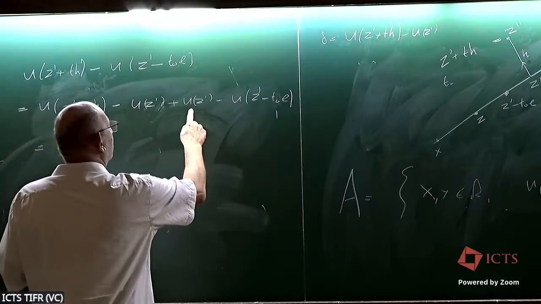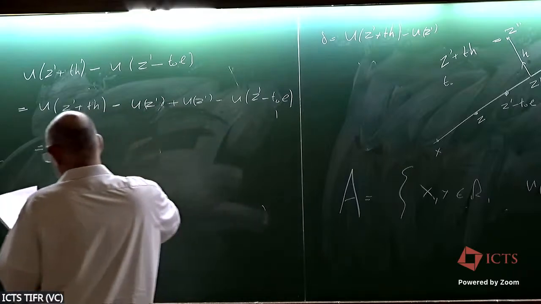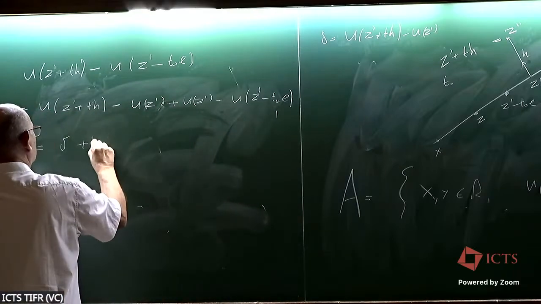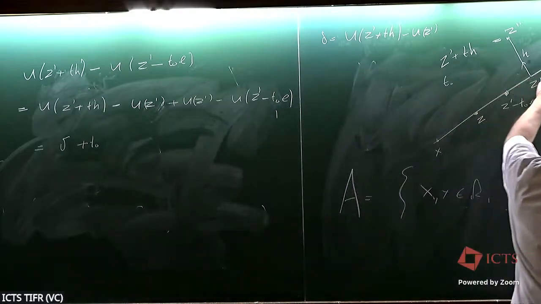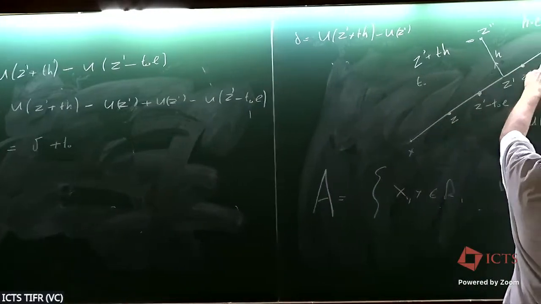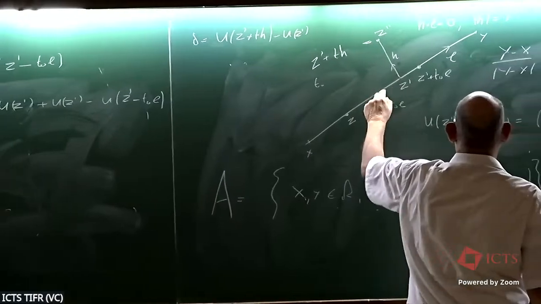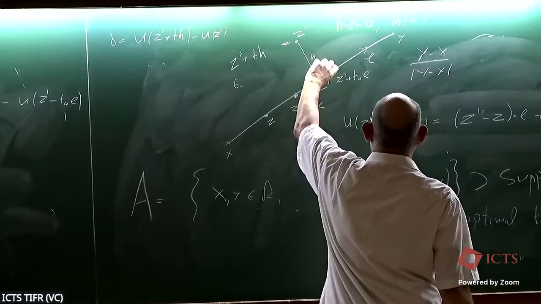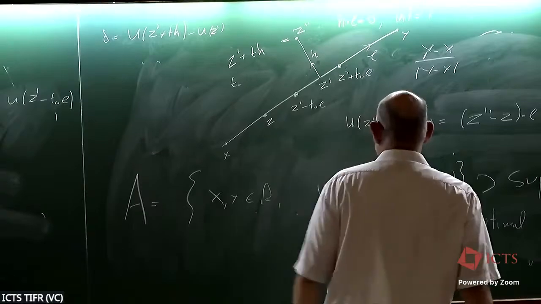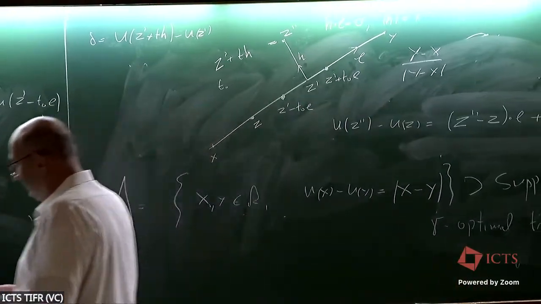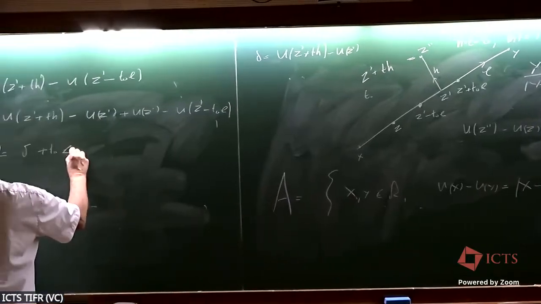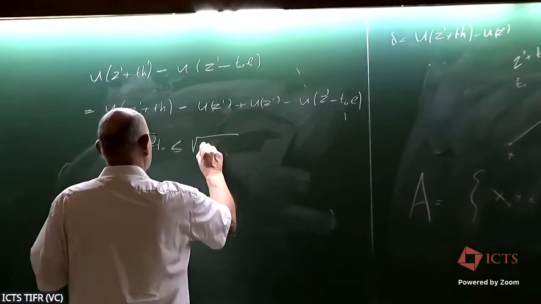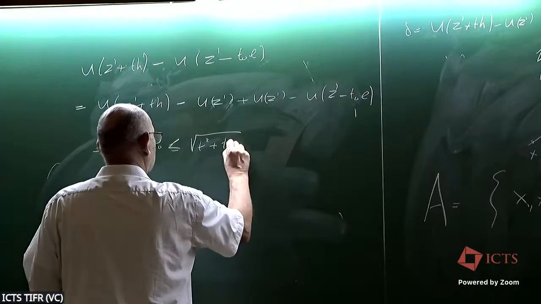And this distance is just T0, right? Because this would be along this line, the difference between ux and uy at any pair of points is just the distance along the line. But on the other hand, this is smaller or equal than square root of t square plus t0 square, right?